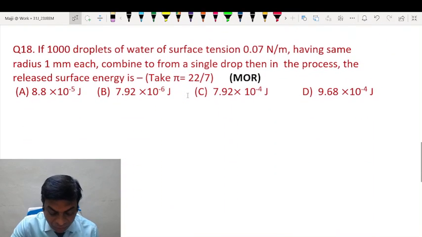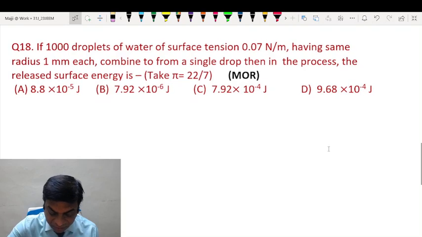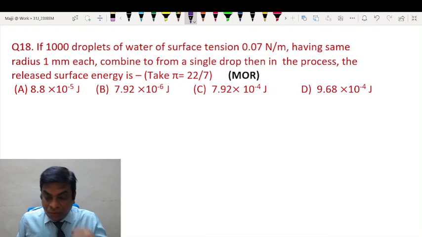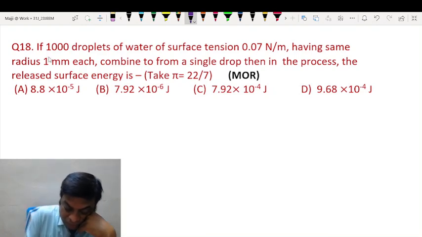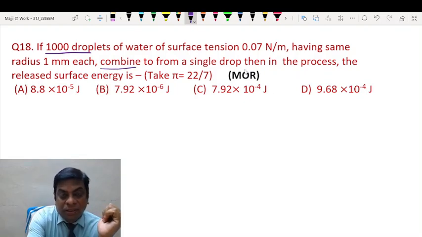Then, moving to the next question: 1000 droplets of water of surface tension this much having same radius, each combined to form a single drop. Then in the process, find the surface energy released. As you know, when 1000 droplets combine to form a single drop, the surface area reduces.